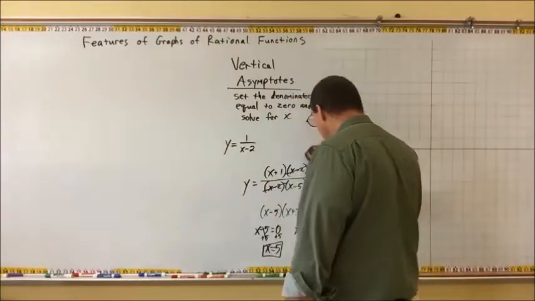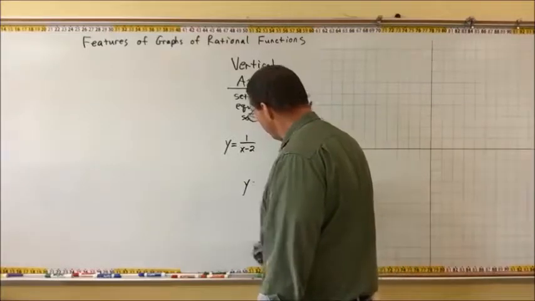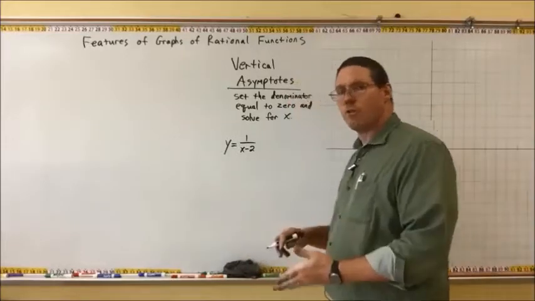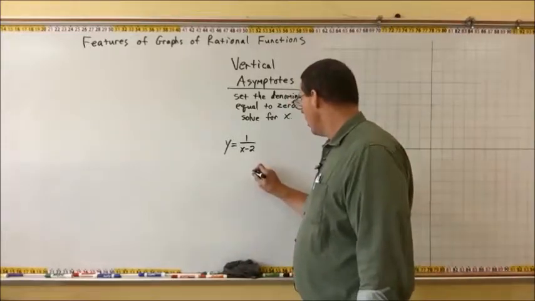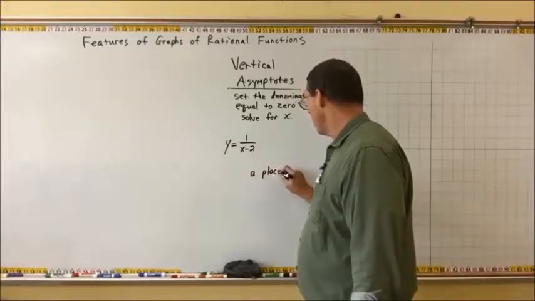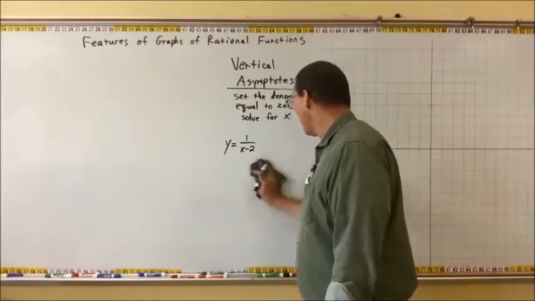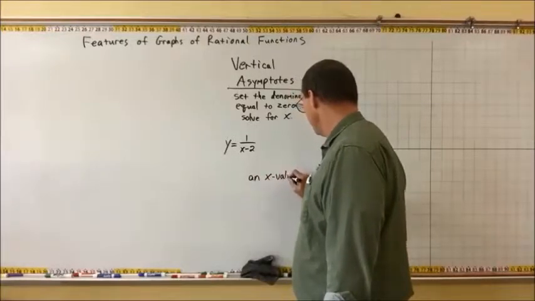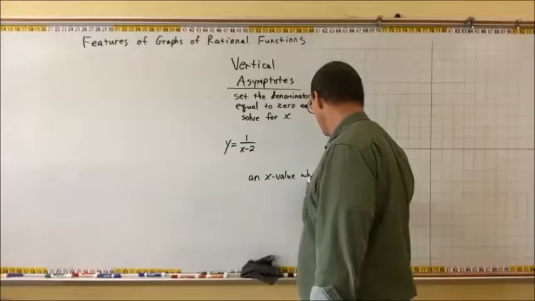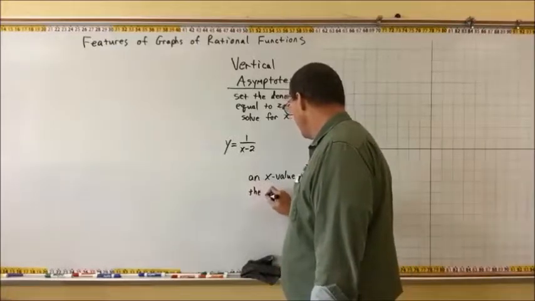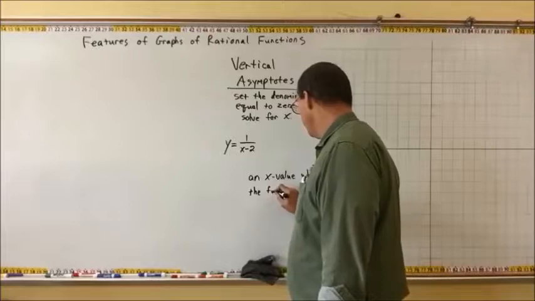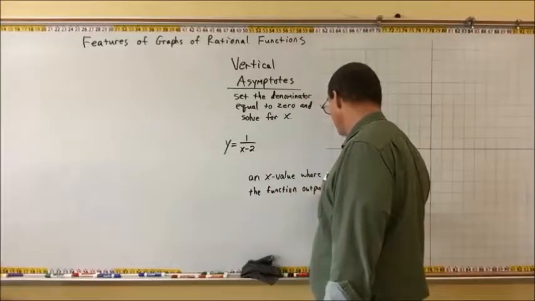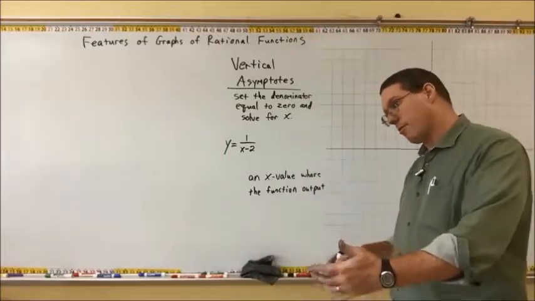However, what does that mean? What is a vertical asymptote? Well, a vertical asymptote is an x value where the function output, the values, plug in a 6, the answer is 20.